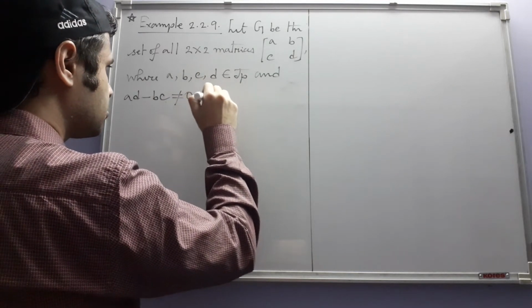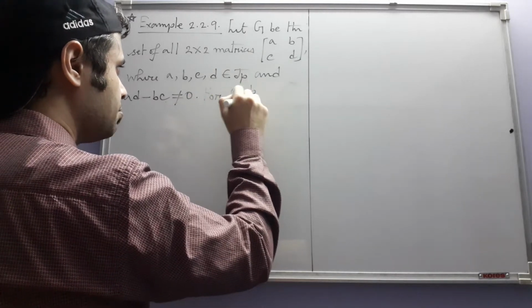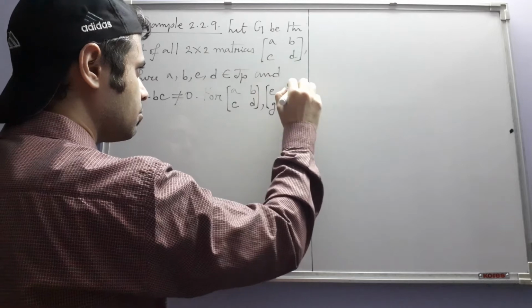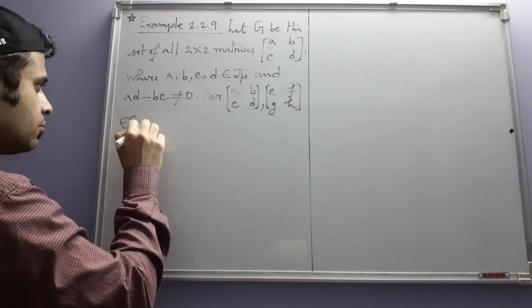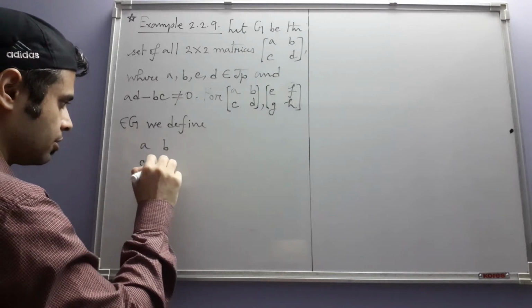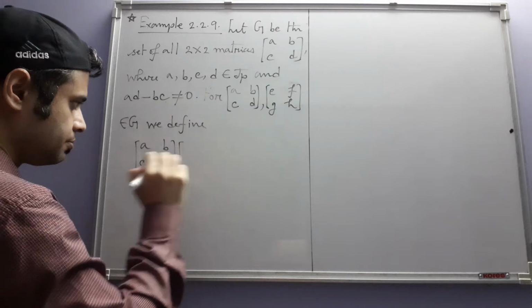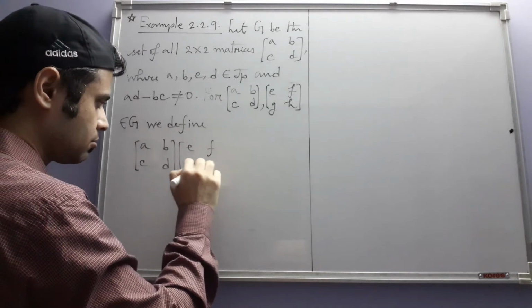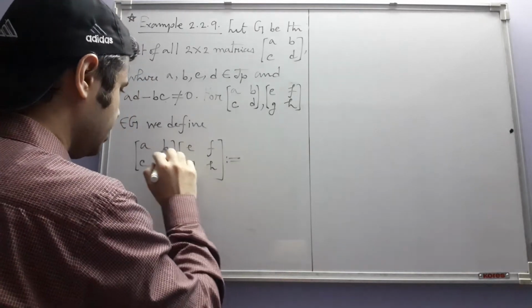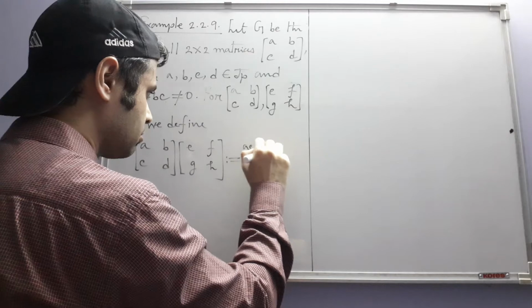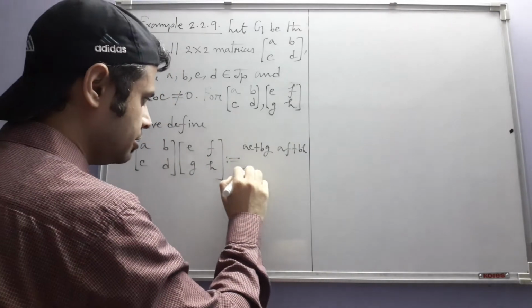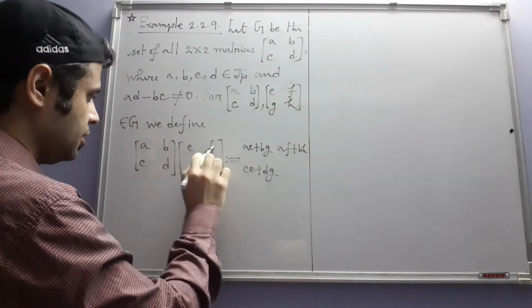For A, B, C, D and E, F, G, H in G, we define their product like this: AE plus BG, AF plus BH, CE plus DG, CF plus DH.